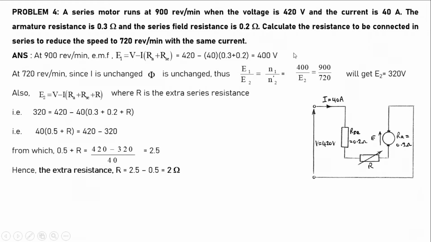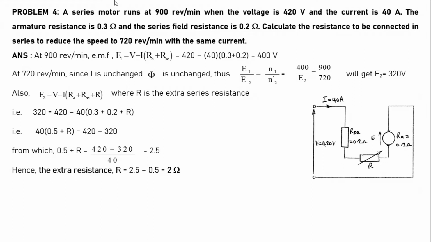Calculate the resistance to be connected in series to reduce the speed to 720 RPM with the same current. Initially the speed is 900 RPM. Next the speed is reduced to 720 RPM. To reduce the speed to 720 RPM, what is the extra resistance that we need to connect in series with the armature? That is the question.